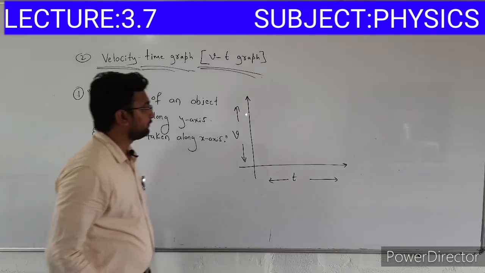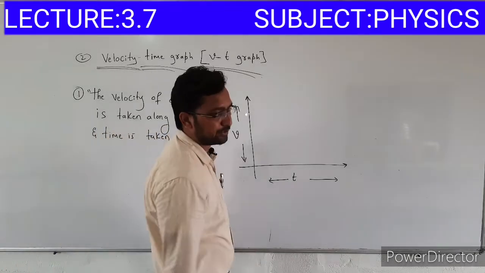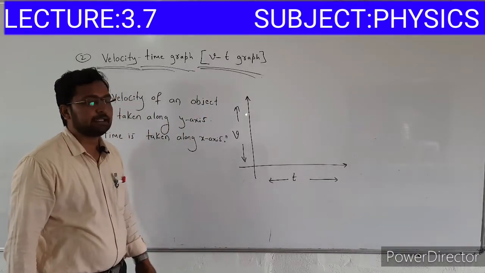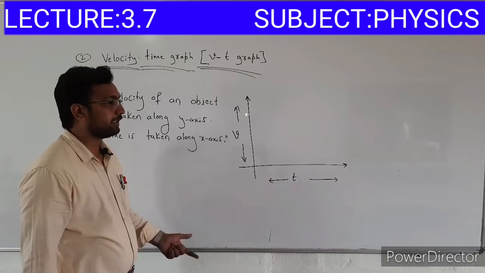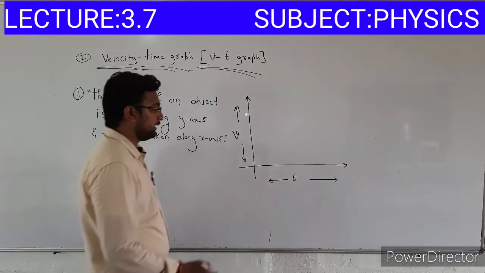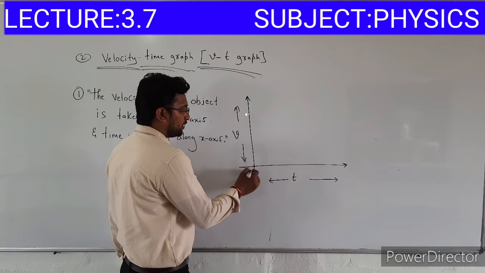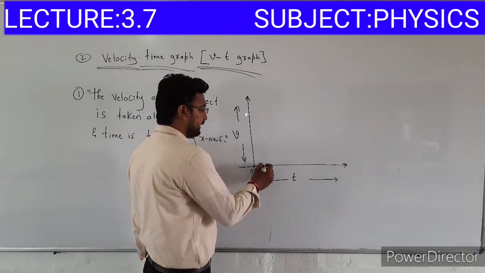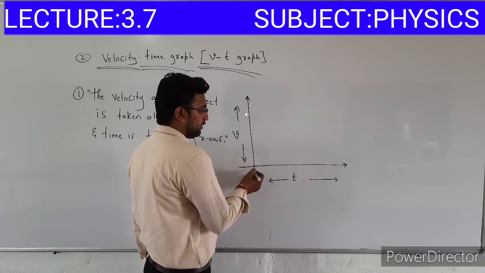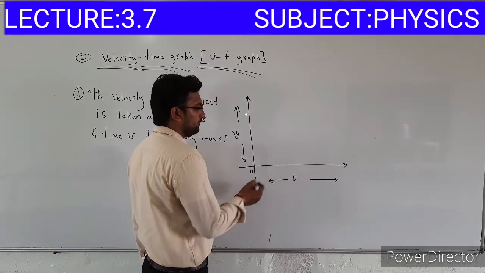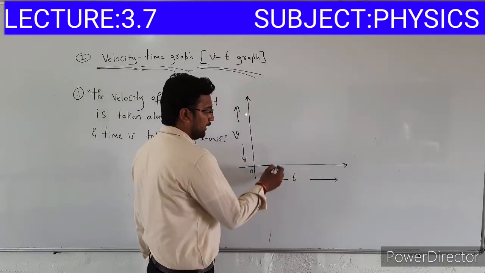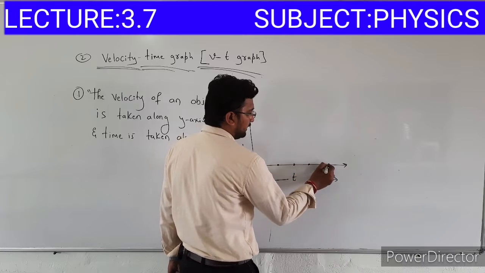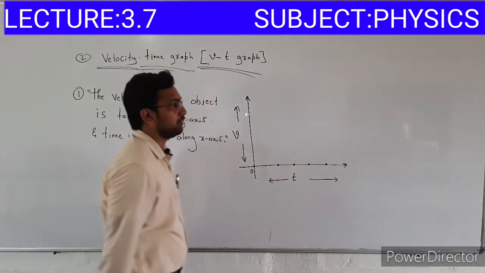The first example: draw a velocity time graph for an object at rest. If an object is at rest, the position of that object does not change with respect to time. So at 0 second the velocity is 0, in 1 second the velocity is 0, in 2 seconds, 3 seconds, 4 seconds, and so on, the velocity of the object is 0, right?